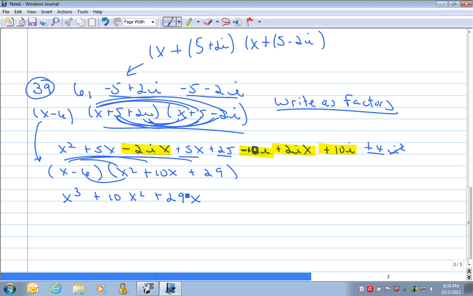Then we have negative 6 times x squared, so we have a negative 6x squared. I'm lining them up so it's easy to combine them. We have a negative 6 times 10x, which is negative 60x. And finally we have negative 6 times 29, and I believe that will be a negative 174.